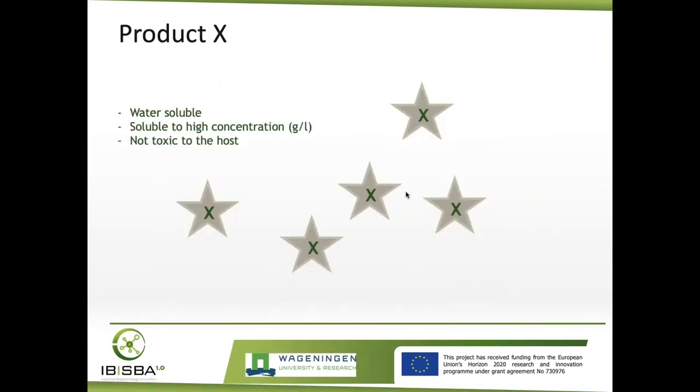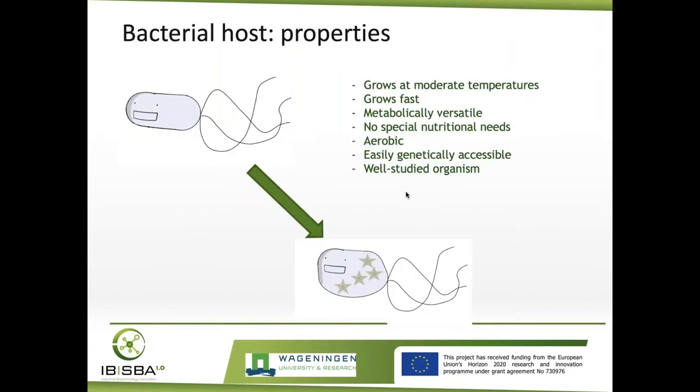Now, we want our product X. So we have a list of specifications. We want, for example, it to be water soluble, soluble to high concentrations, and not toxic to the host. This is a particular product, it can be anything. Now, we also have a bacterial host. Often we have a host that we decide to use either because we know it, or because we know that this particular host will be very good.